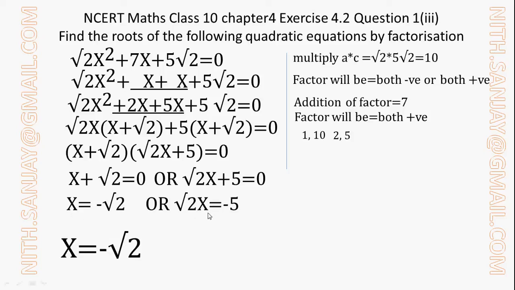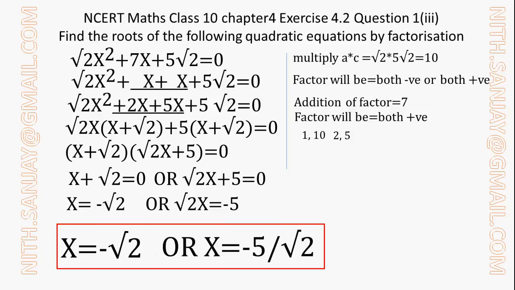From this equation I will divide both sides by root 2, so I will be left with x is equal to minus 5 by root 2. So x is equal to minus root 2 and x is equal to minus 5 by root 2 are the two roots of this quadratic equation.